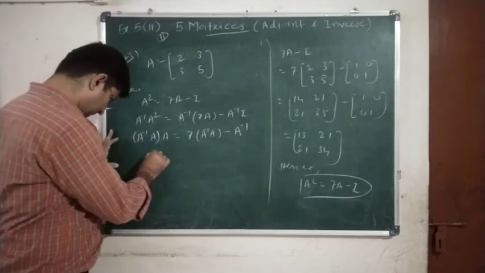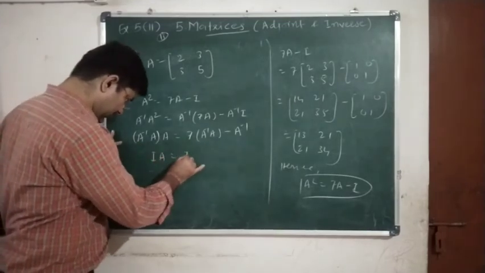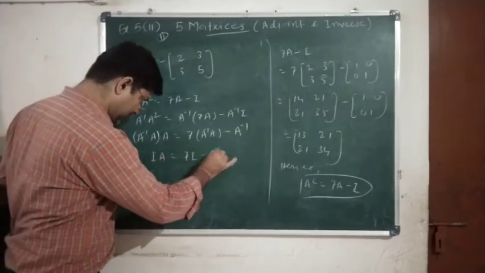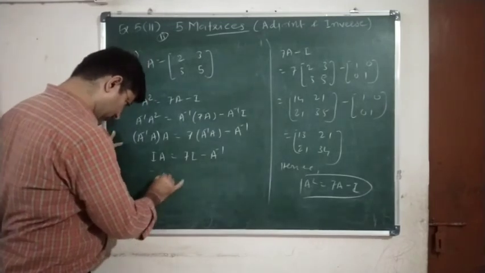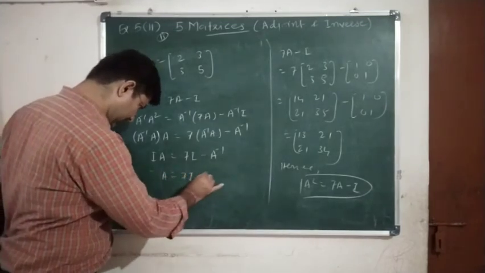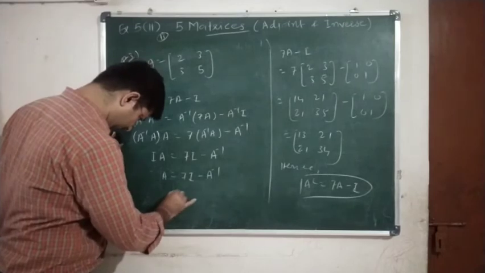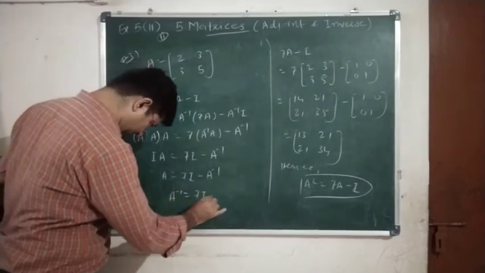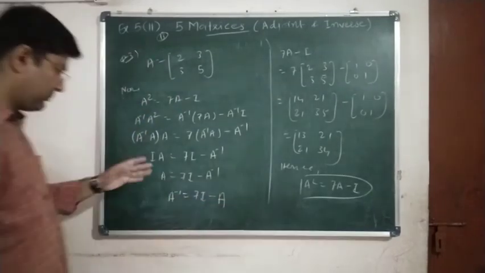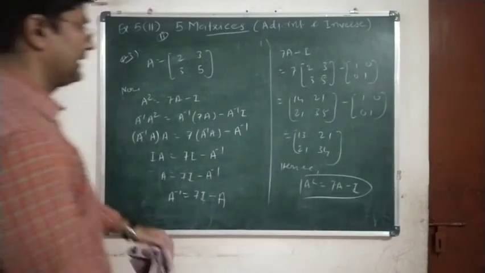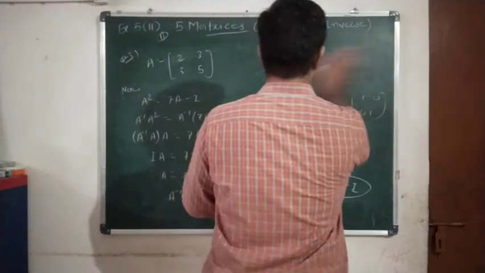Here this is I, this is I, and this is A inverse. Therefore A is equal to 7I minus A inverse. Therefore A inverse is equal to 7I minus A. Now put the value of I and A on the right hand side to get A inverse.